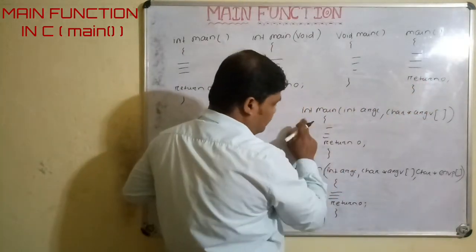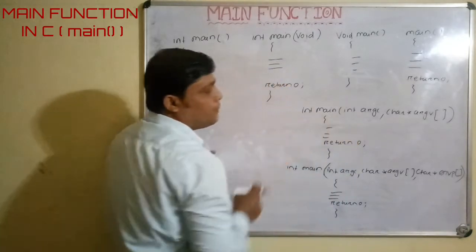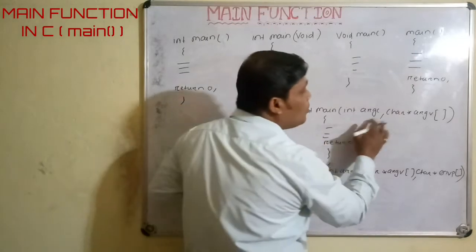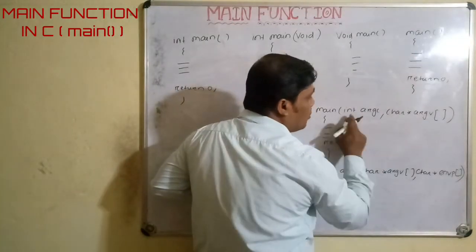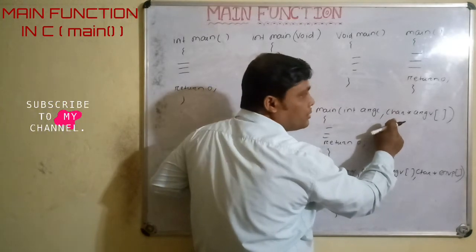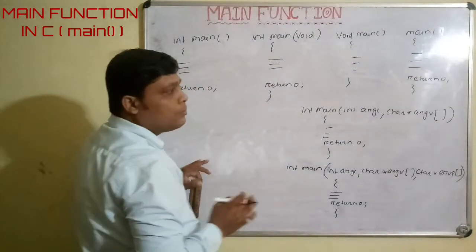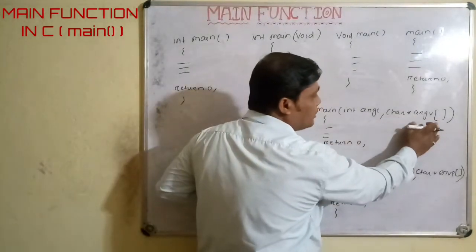Here you can see the return type is int, but I am passing two arguments or parameters. One is integer type argc, another is a character pointer, a string type. This is a character pointer array.